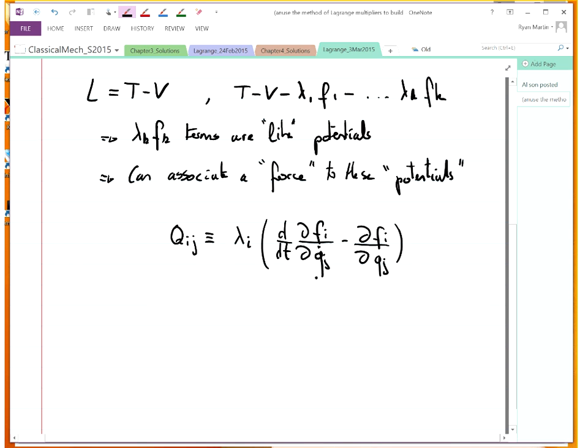But if they don't, then the generalized force capital Qj is just minus lambda i dFi by dqj. And that's exactly like sort of normal potential energy. This term at the front there with the d by dt, it's mostly just to handle the case of electromagnetism. That's the only time where a potential really depends on velocity.